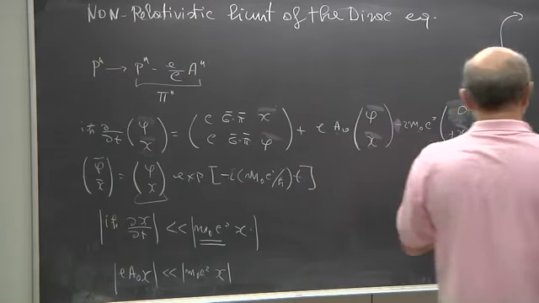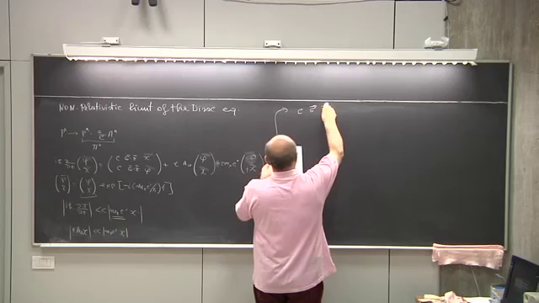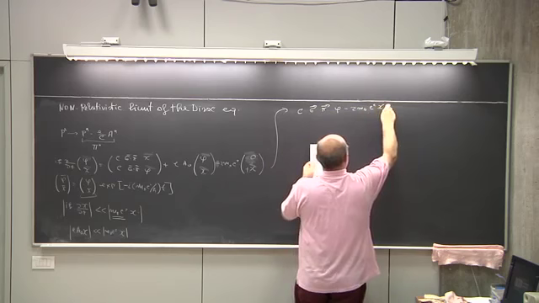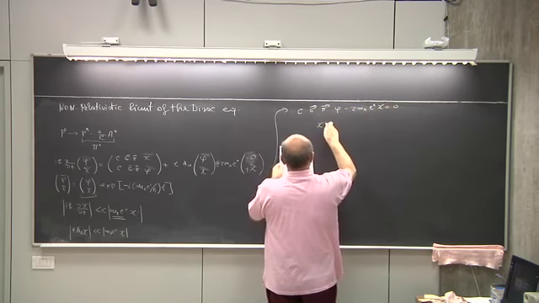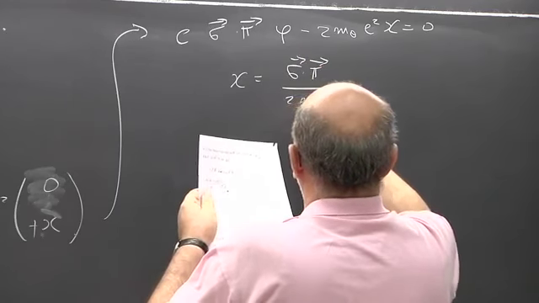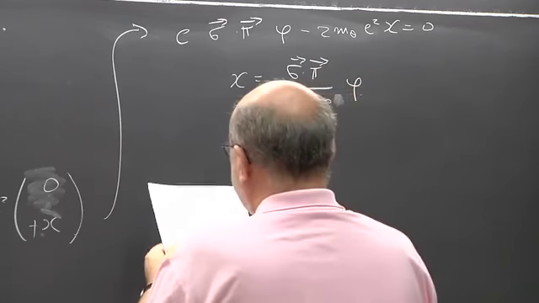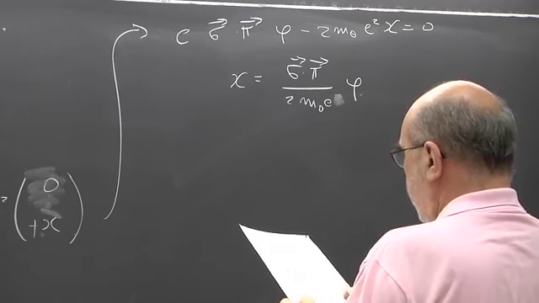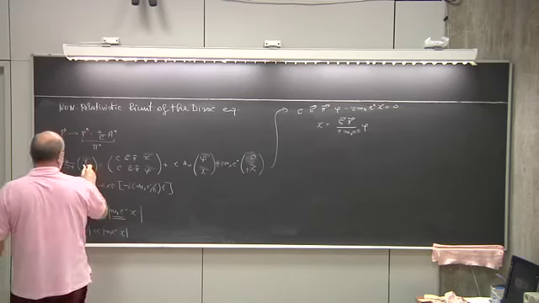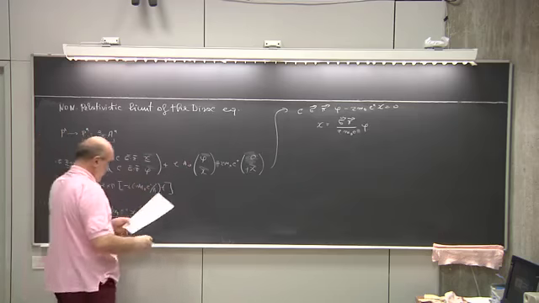So for the lower component, we get only this equation, C sigma dot pi phi minus 2m0 c square chi equals 0. And from here we get chi equal sigma dot pi over 2m0 c square, no, c phi. Okay. Now let's insert in the upper component, replacing everywhere chi with that expression.